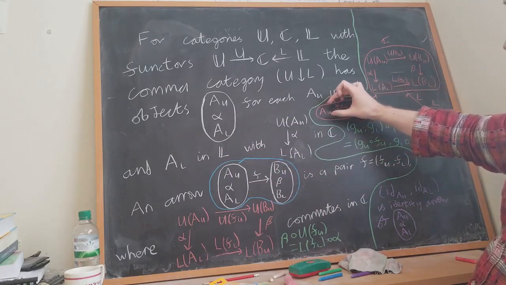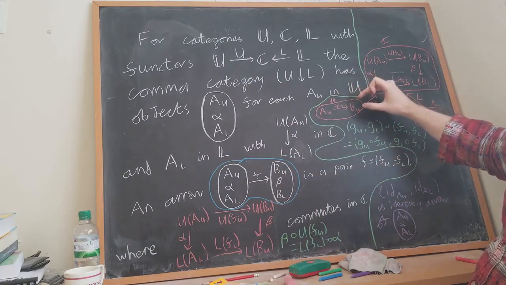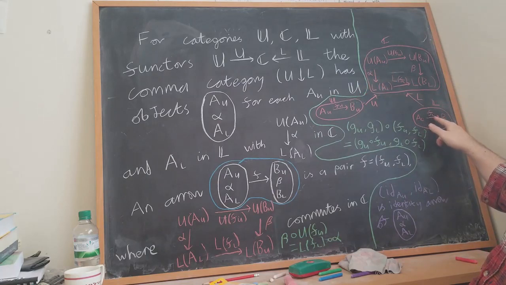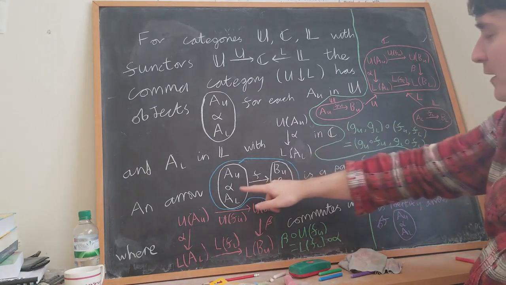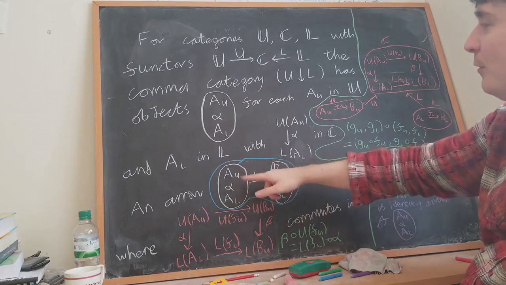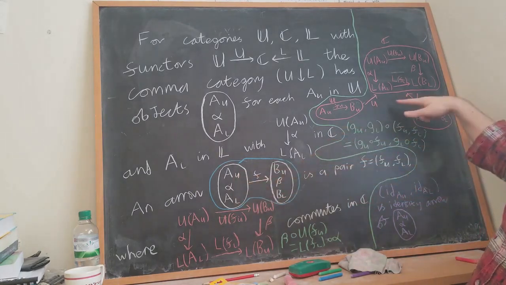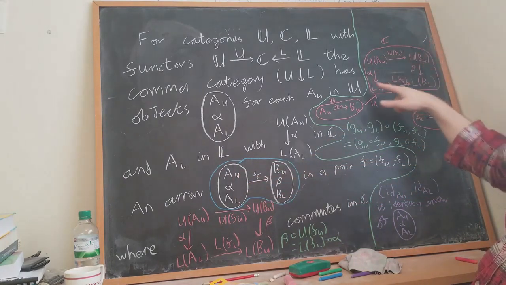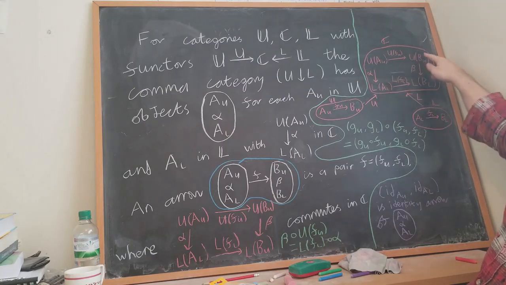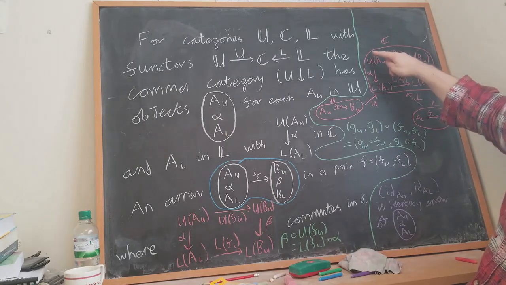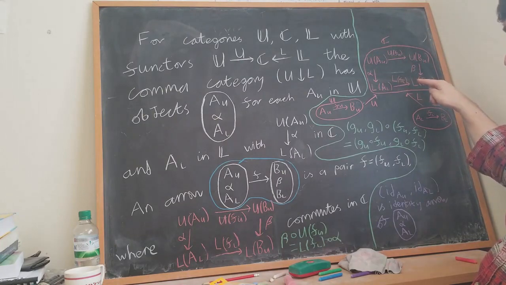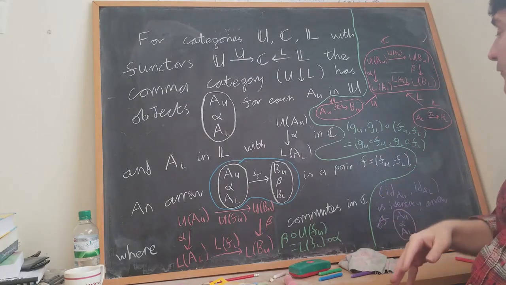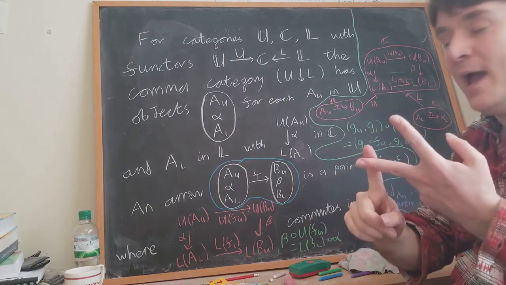So we have this arrow F of U from A of U to B of U, and we have this arrow F of L from A of L to B of L. And if this is to be considered an arrow from this triple to this triple in the comma category, it has to make this square here commute. Okay, so going along here and then here gives us the same thing as going along here and then here.